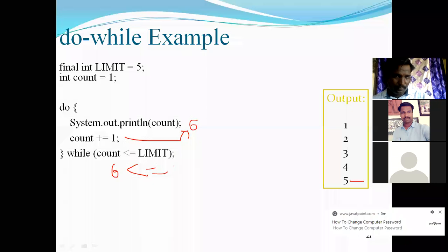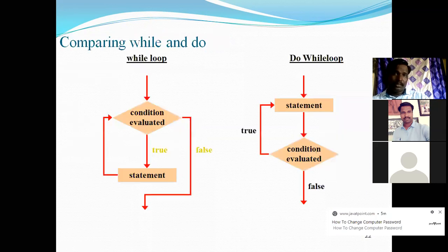What is the limit value? We initialized it in the beginning. What did we assign? 5. So 6 is not less than or equal to 5. The condition is false, so the do while loop is not executed again. So this is the output you are getting. This is the comparison between while and do while.